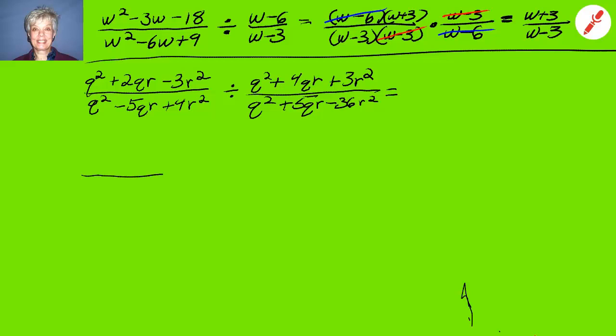Now notice that something is working in our favor. The a number is 1 in all of these. That means we can factor the easy way. Just draw parentheses and draw parentheses.